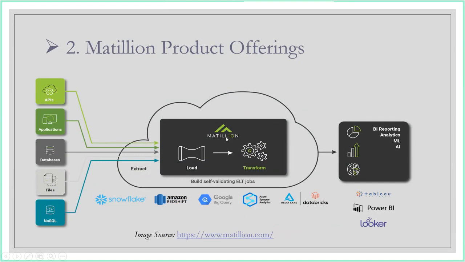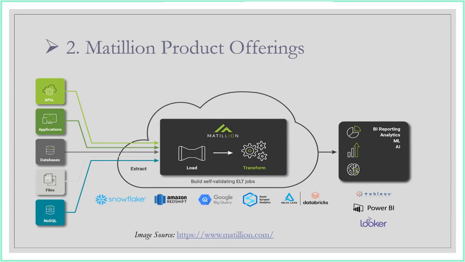Now, looking at Matillion for Snowflake, to perform its ELT operations and to have the platform specific features, that is why it has created the different products. For Matillion for Snowflake, we can do any transformations which Snowflake supports.